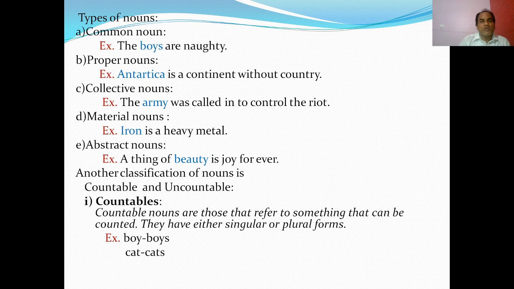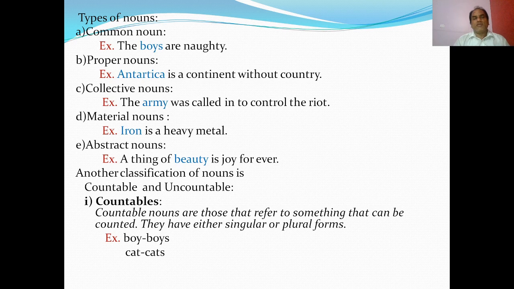That means the names of persons. Proper names are proper nouns. Collective nouns: the army is called in to control the riot. The committee are divided in their opinion, because a group of words go together. That is family. Our family is rich. Our family lives in Jajpur. His family are highly educated.